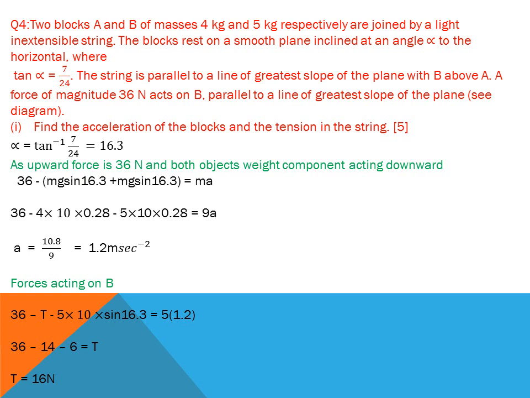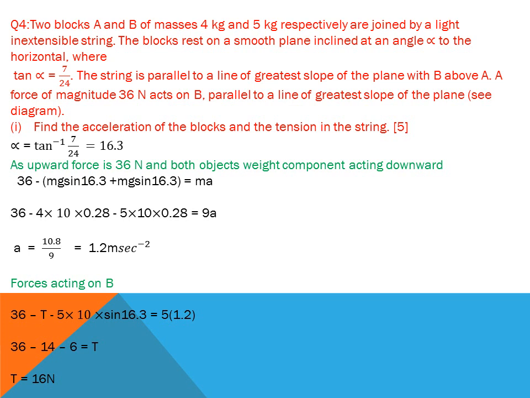So when we find angle alpha is equal to 68.3, we will find that there is only an upward force, which is 36 Newton, and there are two forces acting downwards and no frictional force because the plane is smooth. So mg sin 16.3 for A and mg sin 16.3 for B acting downward is equal to ma. Because the body is in motion, we apply Newton's second law of motion.